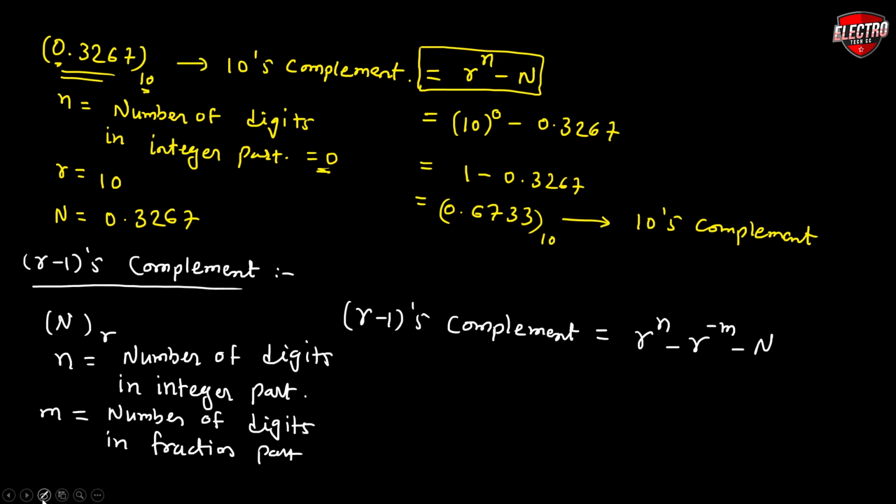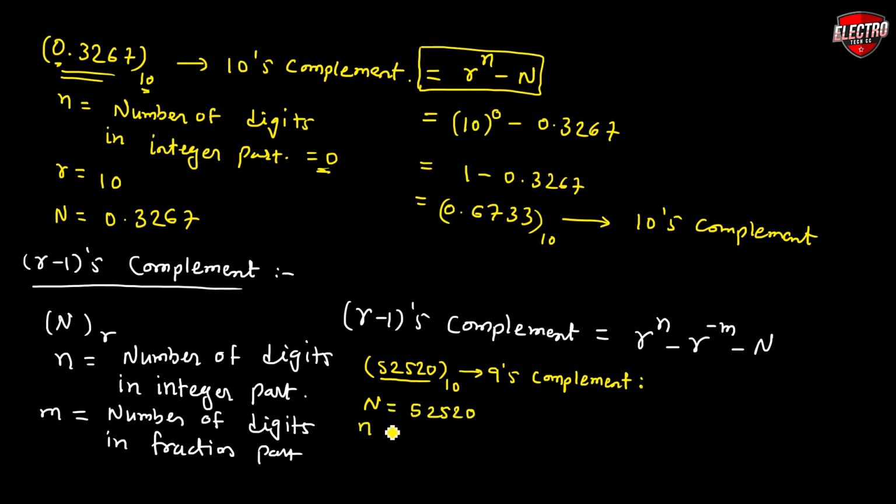So this gives you the R minus 1's complement. Let's take one example to understand the concept. Suppose we have the number 52520 in decimal number system, and we want to find the R minus 1, that means 10 minus 1, that is 9's complement. The value of capital N is 52520.